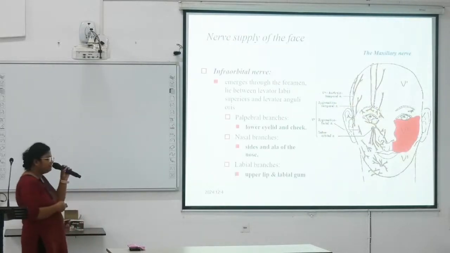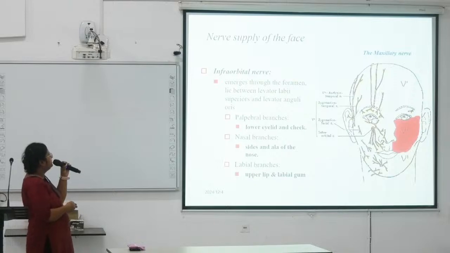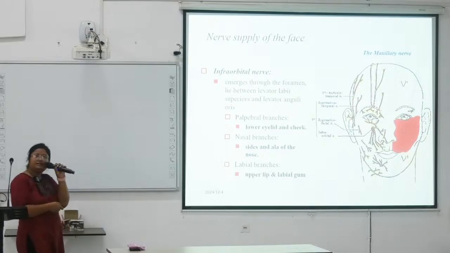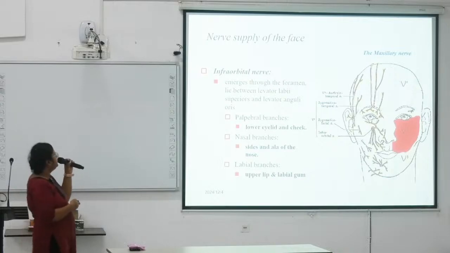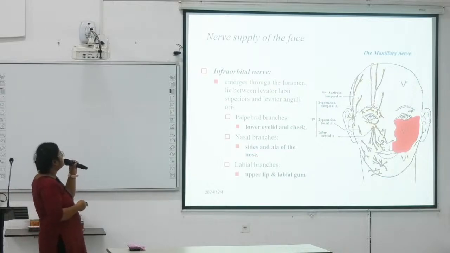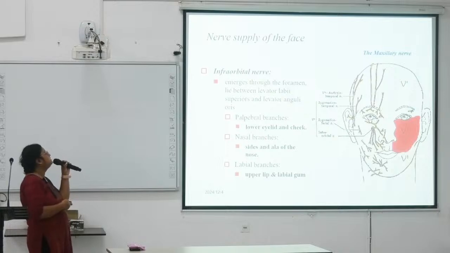First we will discuss the infraorbital nerve. The infraorbital foramen lies almost 1 centimeter below the infraorbital margin. The nerve emerges through this foramen and lies between the levator labii superioris and levator anguli oris.